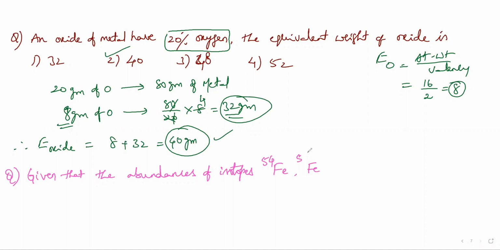What is an isotope, sir? Species having the same atomic number but different mass numbers.